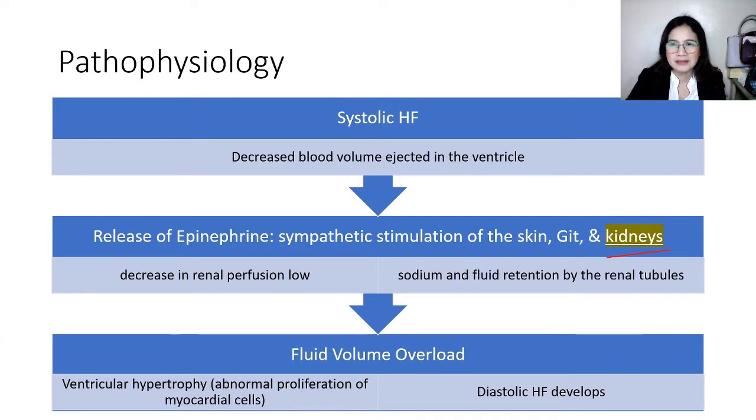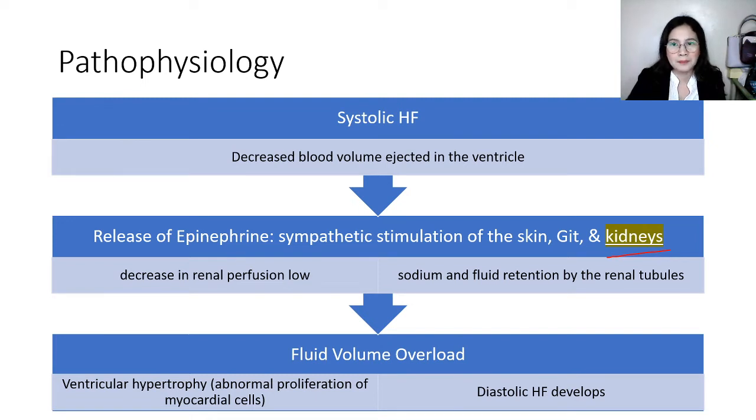Next, there will be stimulation of the ADH or the antidiuretic hormone, and this will now lead to fluid volume overload. As the heart's workload increases, contractility of the myocardial muscle fibers decreases.